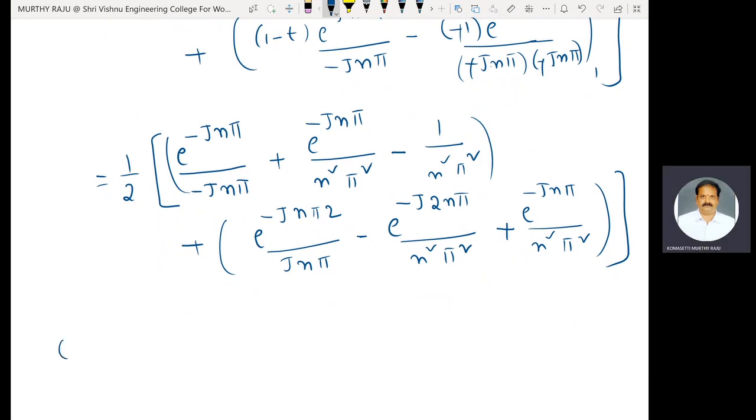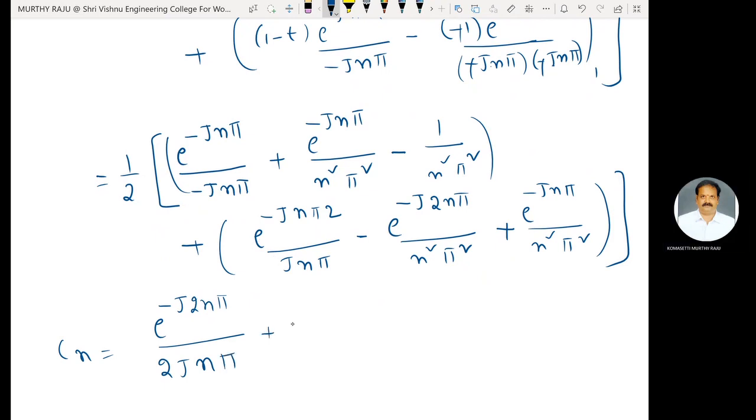Here Cn is equal to 1 by 2 multiplied here: e power minus j 2n pi by 2j n pi, and here minus e power minus j n pi by 2j n pi.